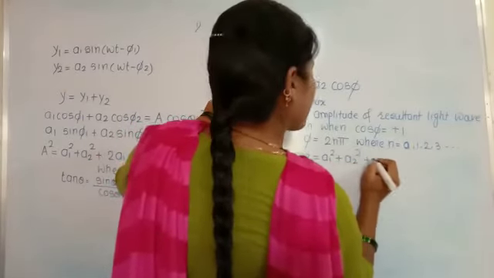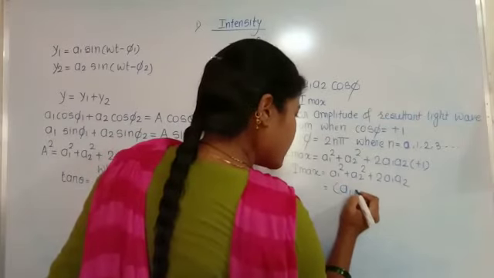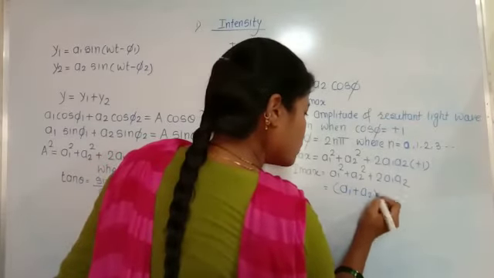Therefore Imax is equal to a1 square plus a2 square plus twice a1 a2. This form is nothing but the expansion of a whole square, that is, a plus b whole square is equal to a square plus b square plus twice ab. So this is the same, we can write a1 plus a2 whole square.